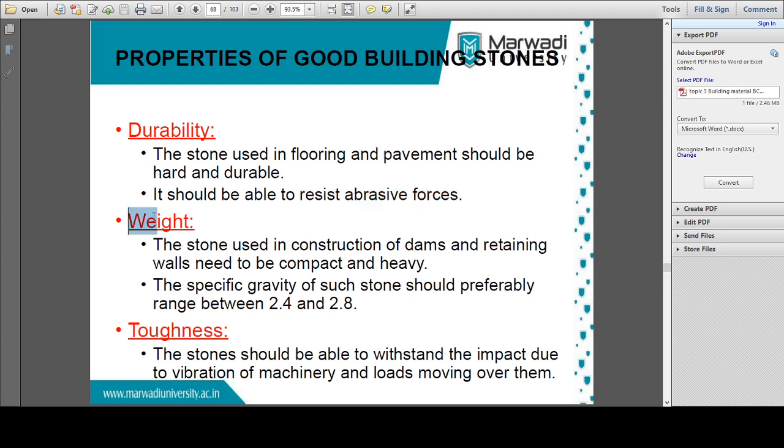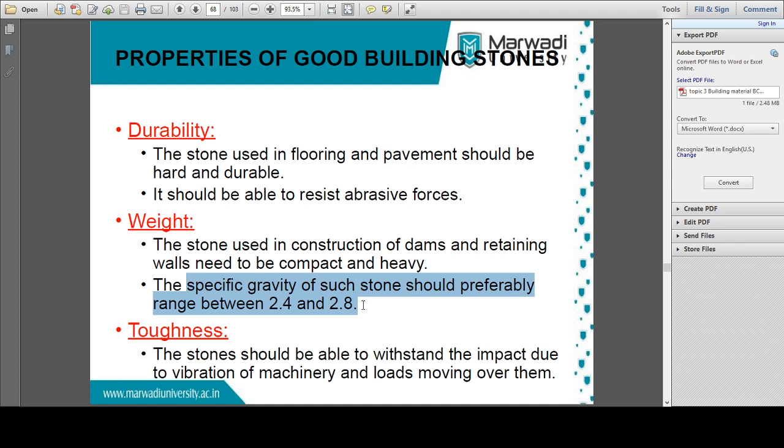Second one is weight. Whenever we go for the weight of this particular stone, it will have a specific gravity ranging from 2.4 to 2.8. Now what is specific gravity? Specific gravity is the weight of this particular stone in reference to that of water, right?